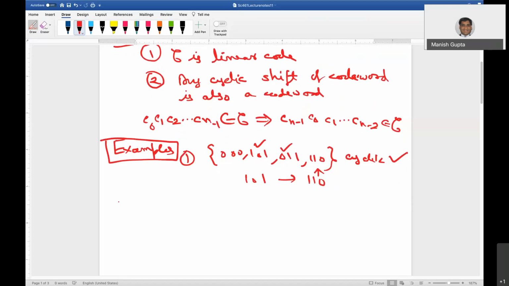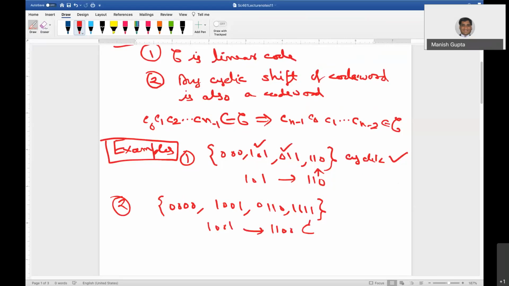Now, if you take the second example, 0000, 1001, 0110, and 1111, all four. If you look at 1001 and do the cyclic shift, what will you get? 1100.